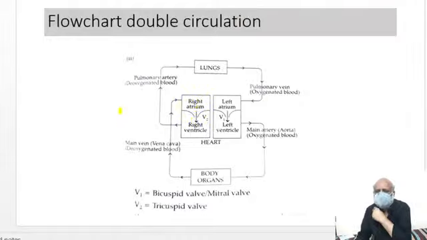Here you can understand all the parts of the circulatory system. Here valve V1 is the bicuspid valve and valve V2 is the tricuspid valve.